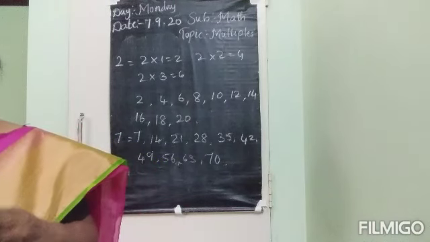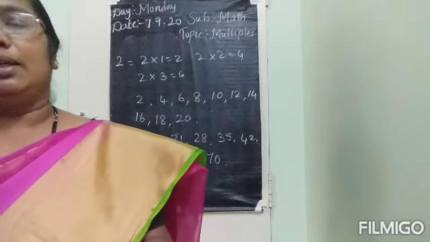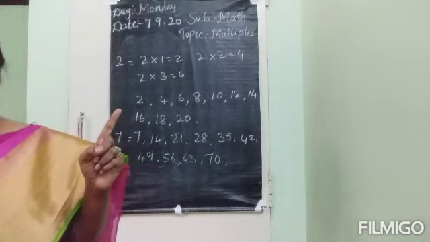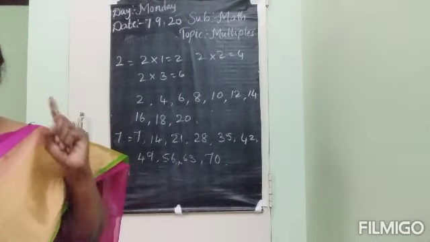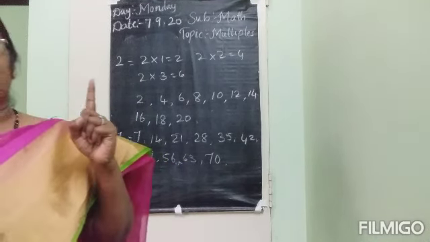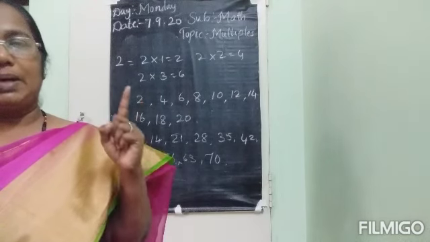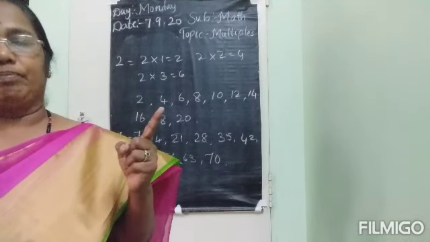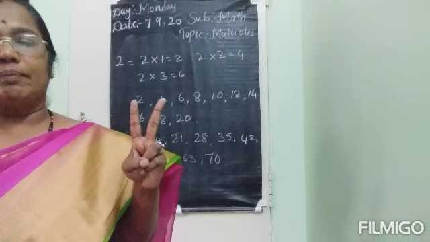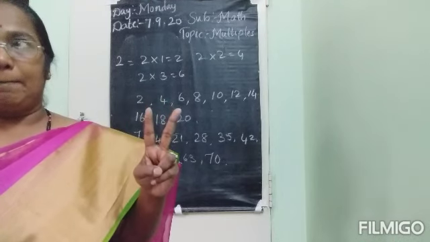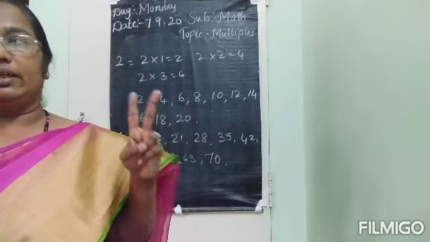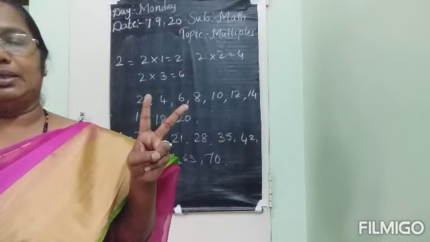So these are the properties of multiples. First property, every number is a multiple of 1. Second property, a multiple of a number is greater than or equal to the number.